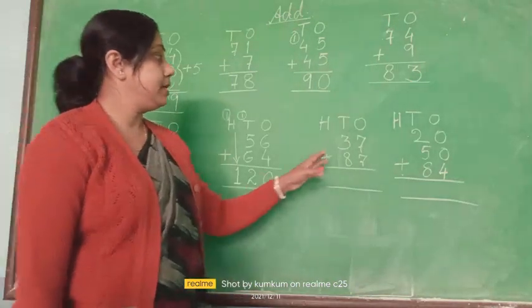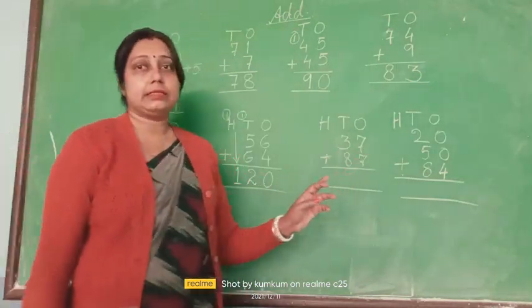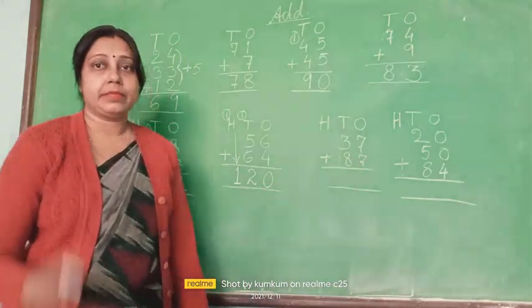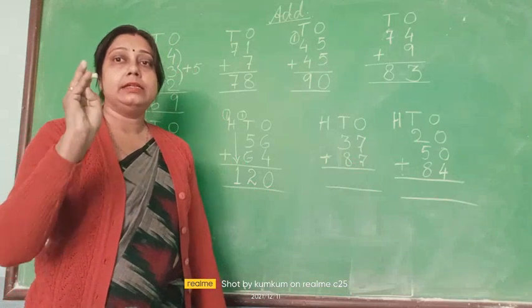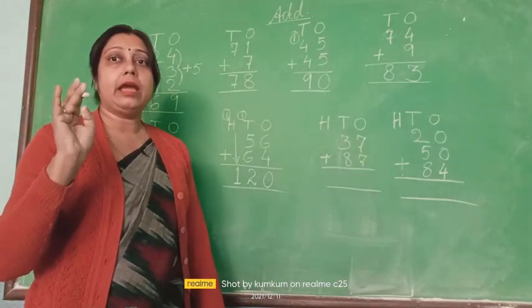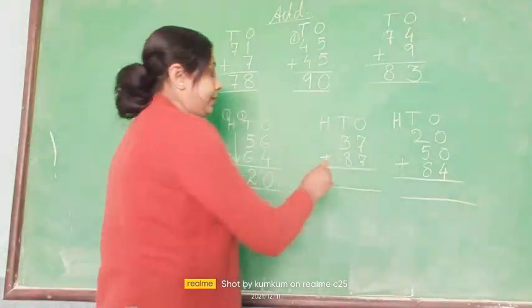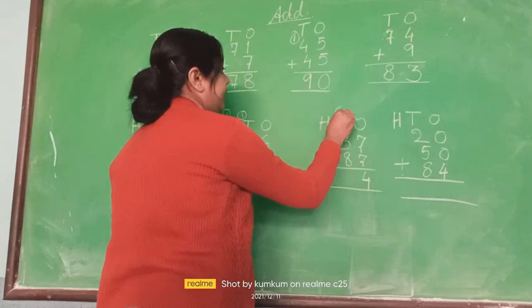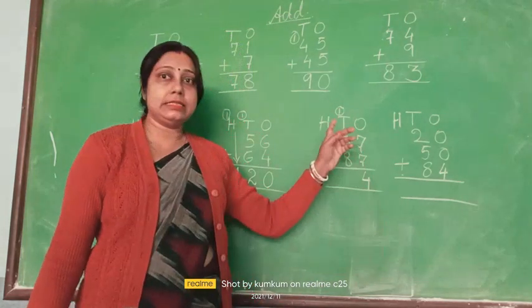Next one, 37 plus 87. Now after 7, you have to count more 7. 8, 9, 10, 11, 12, 13 and 14. So 14, I am going to write here 4 and 1 in hand. I am writing in the tens house.